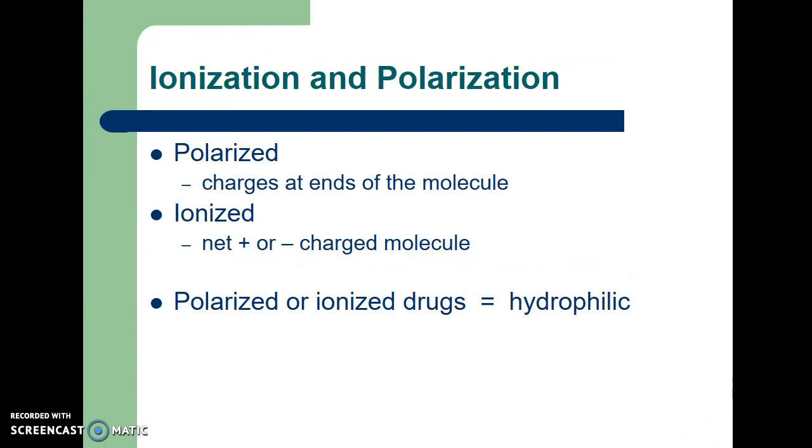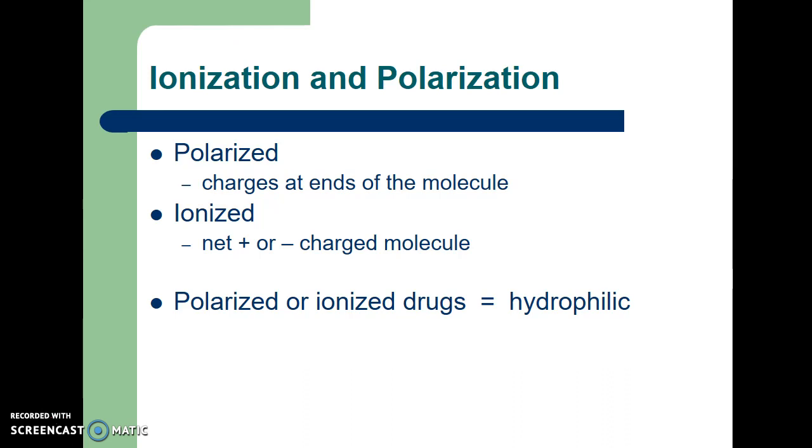So these properties also can be defined by the charges, the chemical properties of charges on these molecules. Polarized means a molecule has charges at the end of the molecule, and maybe on both ends. And ionized means that they have a net positive or negative charge.